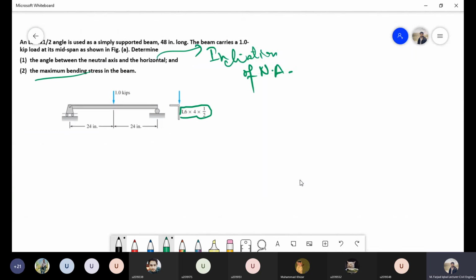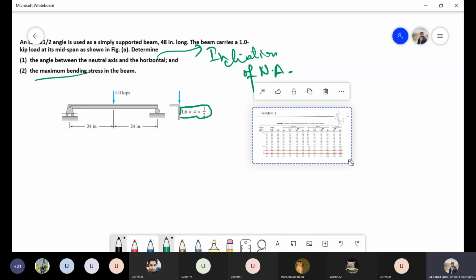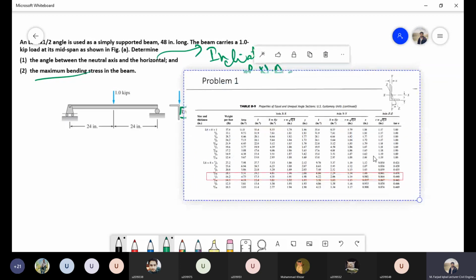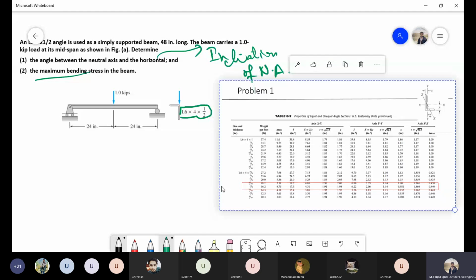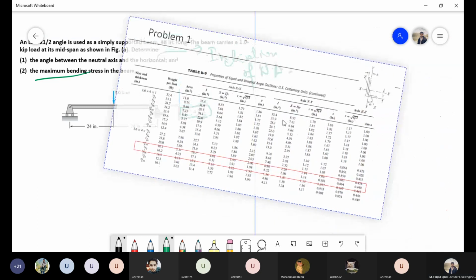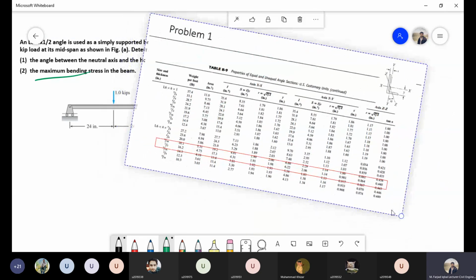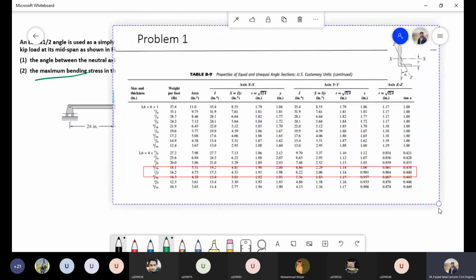Now if you see in the book, there are these sorts of tables provided at the end. So you have to look for your section which has been given in the question. Let me just zoom in.